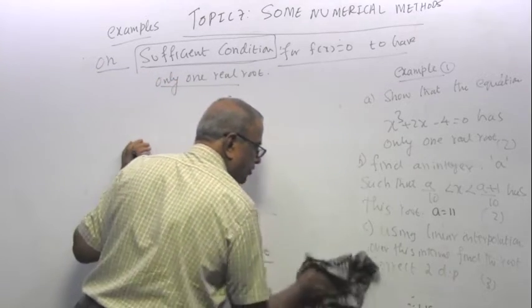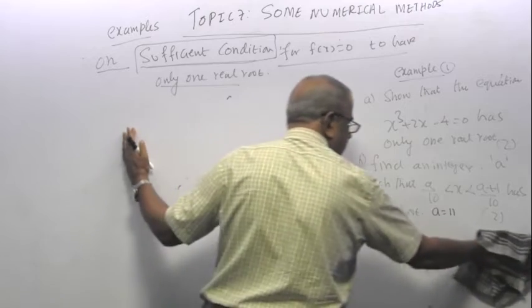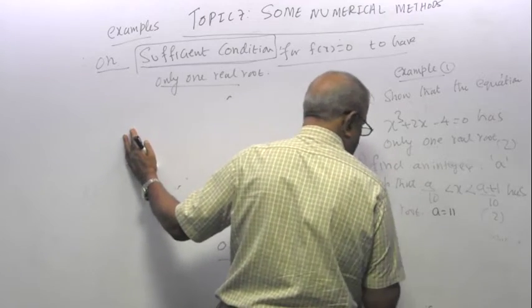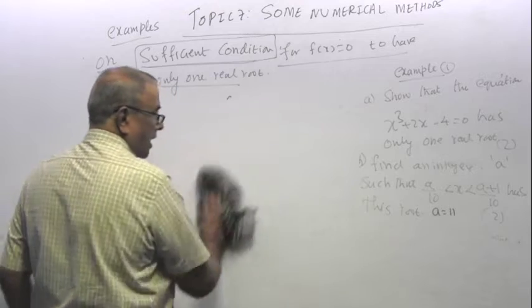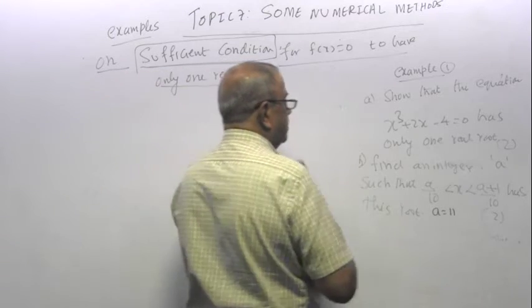Whereas, let me go back to the question which I had. I will rub this off. It might change, it might remain the same, I'm not too sure. I'll go back to the question which I wrote.